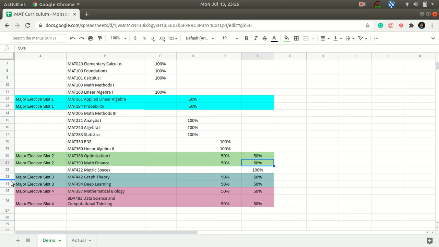Okay, and similarly, we have major elective slots 3 and 4, where third year and fourth year will split up into MAT 442 and MAT 494 half-half. And similarly, in MAT 380 and BDA 483, third year and fourth year will split up into 50%, 50%. Okay, so that's how we do it.